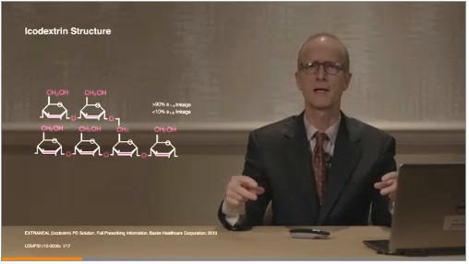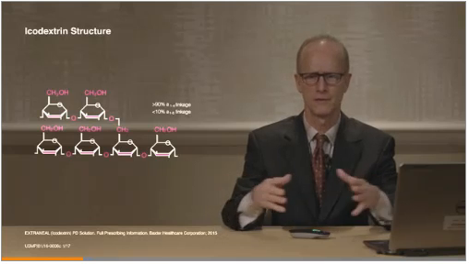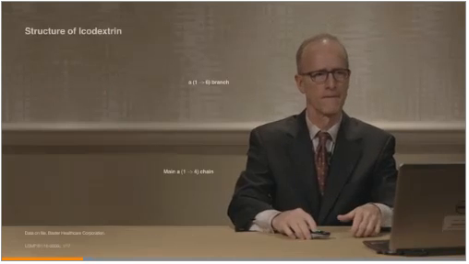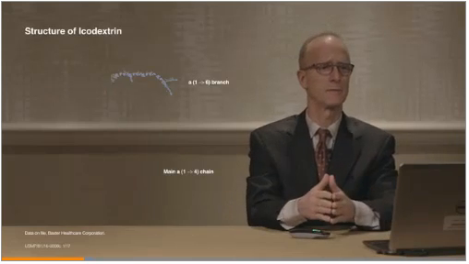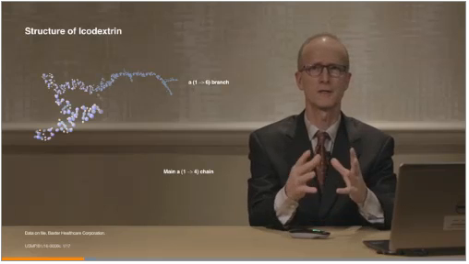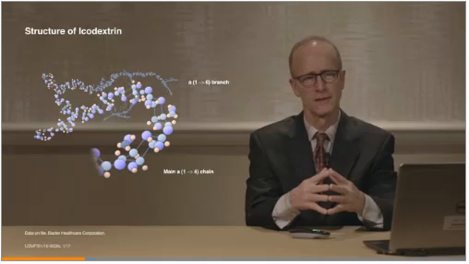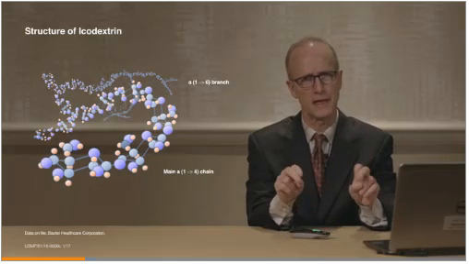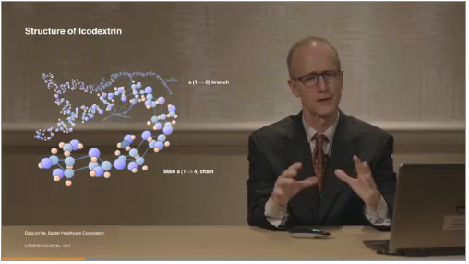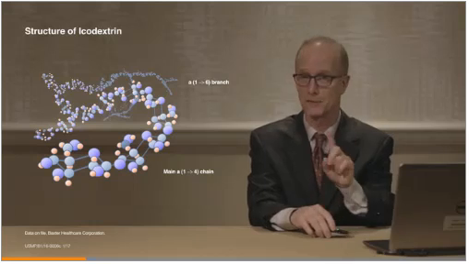And so they're really large polyglucose molecules of varying lengths. I've had a picture made of what it appears. It's just a large, bulky molecule of these 1 to 4 linkages of the glucose molecule. And that is icodextrin, this larger polyglucose. But it's not glucose, it's a polyglucose.